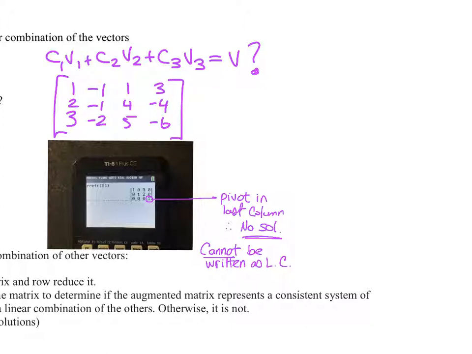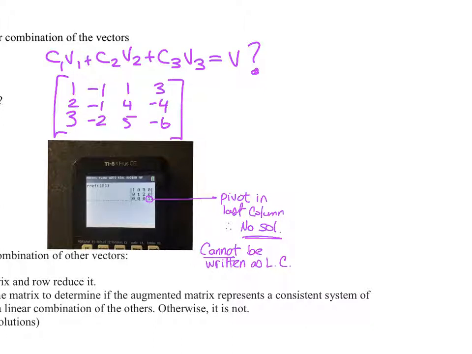All right. Once you come up with a no solution, there is no set of scalars that could satisfy this linear combination equation. Pivot is the first non-zero entry in any row. So once you identify that first non-zero entry, like in the first row it's a 1, second row it's also a 1.